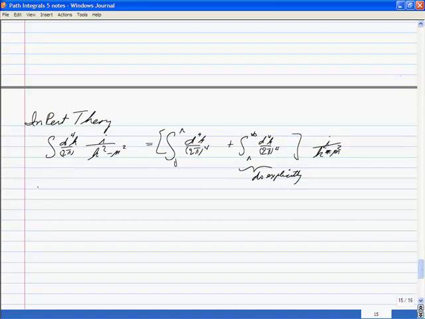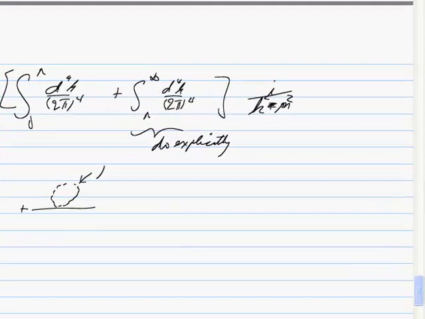Okay, so what do we expect? Well, let's imagine that I was doing some calculation like that. We would write that as, let's keep the light one that way, plus make the heavy one maybe dotted. Okay, this is the k bigger than lambda piece.